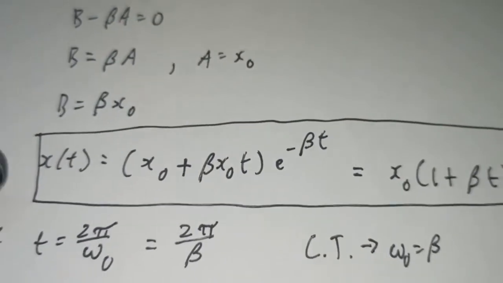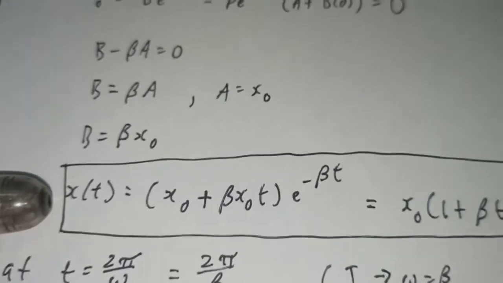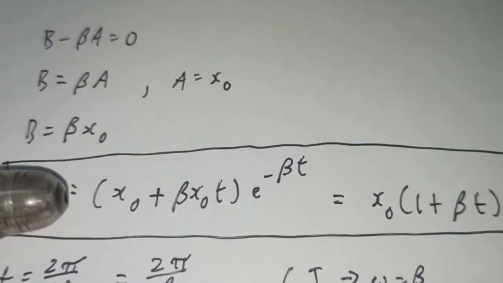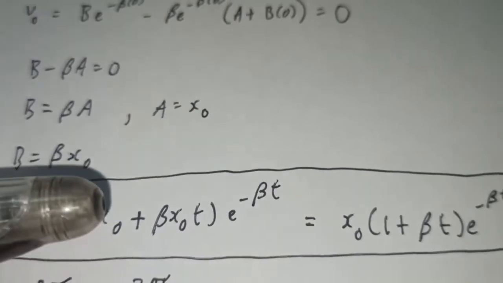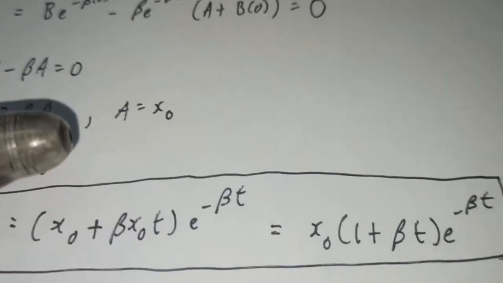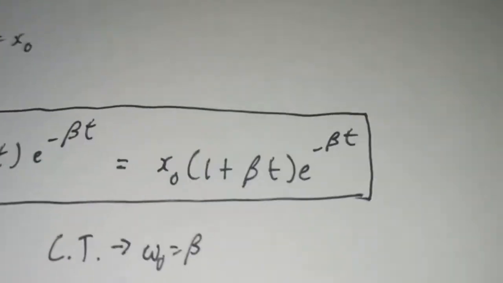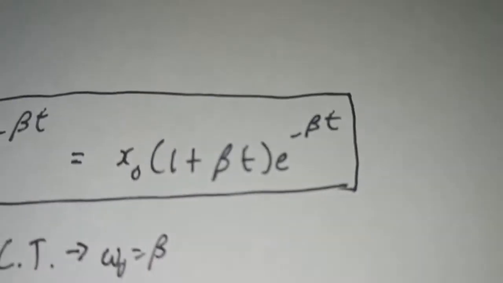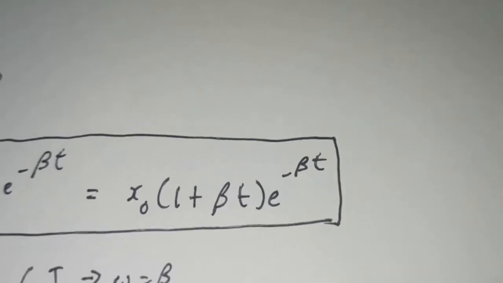And now we get this equation: x of t is equal to x sub 0 plus beta x sub 0 t times e raised to negative beta t, or x sub 0 quantity 1 plus beta t times e raised to negative beta t.